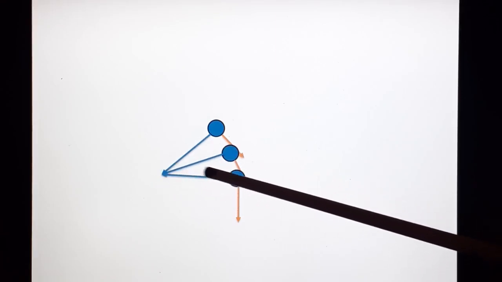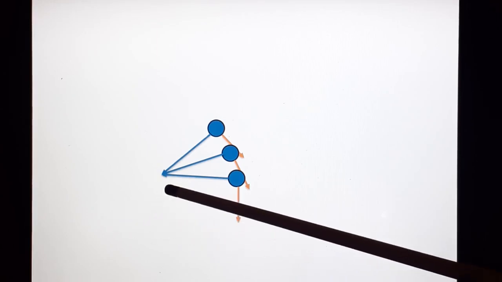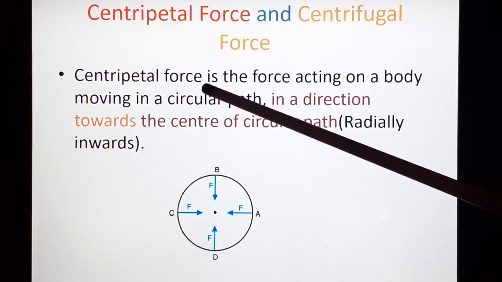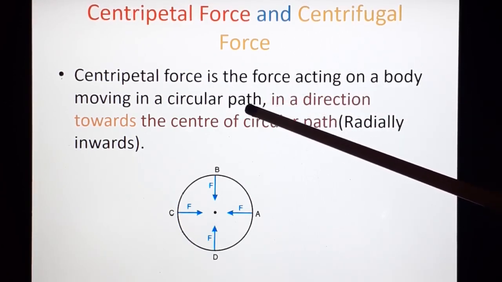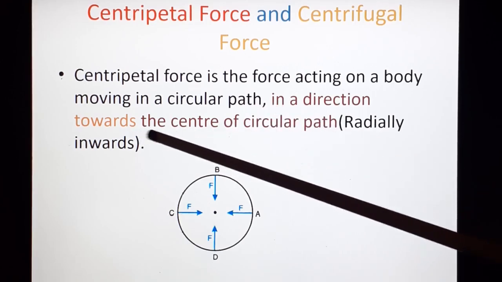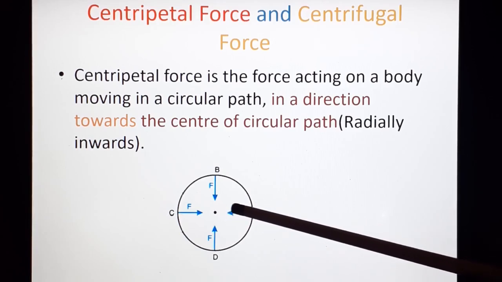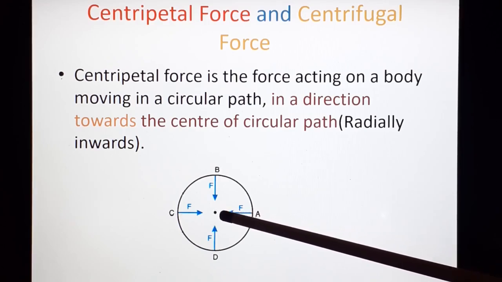This force, which is changing the direction of motion at every point, is called centripetal force. So centripetal force is the force acting on a body moving in a circular path, in a direction towards the center of the circular path, or radially inwards. It means along the radius, but inwards means towards the center.